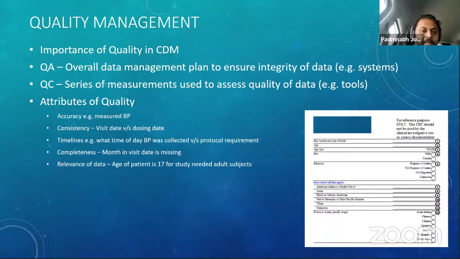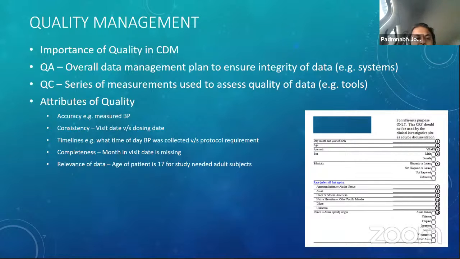The quality assurance and quality control steps are two key activities that we regularly do while we start capturing information when the study begins. Quality assurance is the overall data management plan that I referenced earlier. It is a document that helps us ensure integrity of our data, especially the systems that we use in capturing the information.